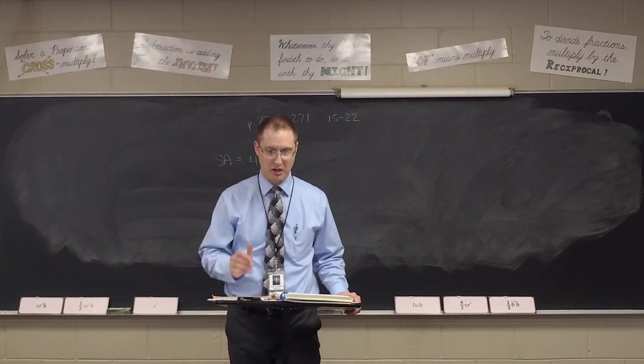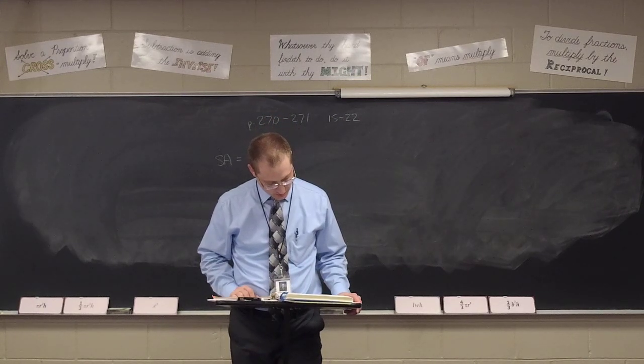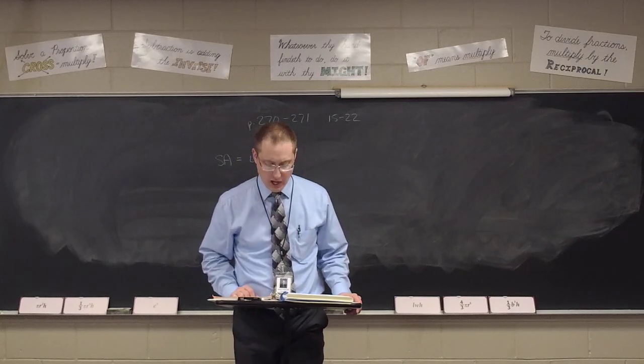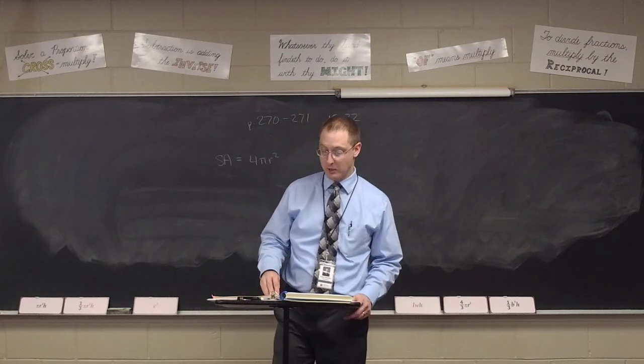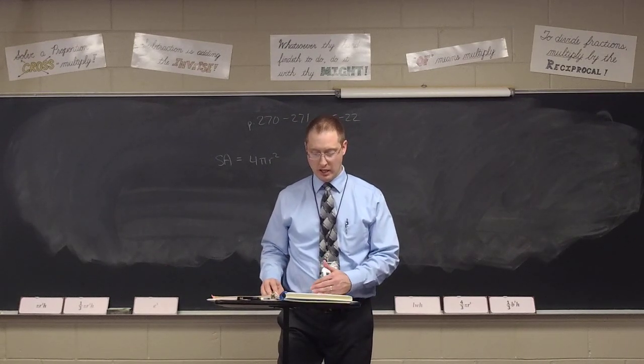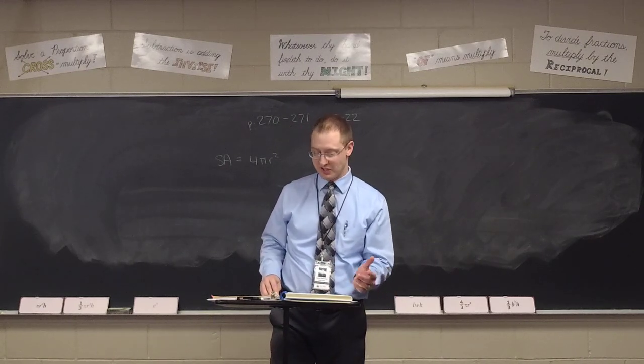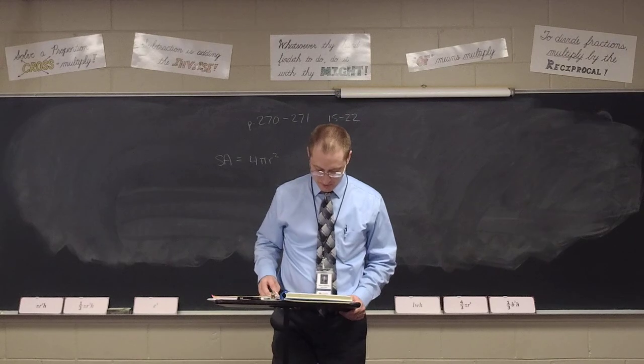It's the second answer to number 15. Approximately 113.04 meters squared. Great job. By the way, notice the surface area is almost the same as the volume. It's just meters squared instead of meters cubed, but the same number of units there for the surface area.